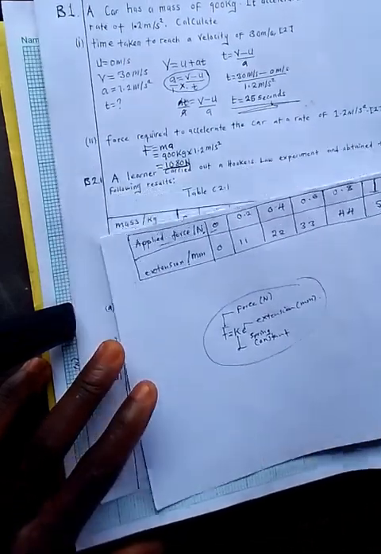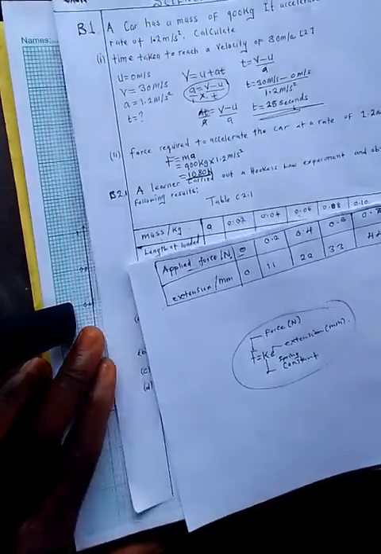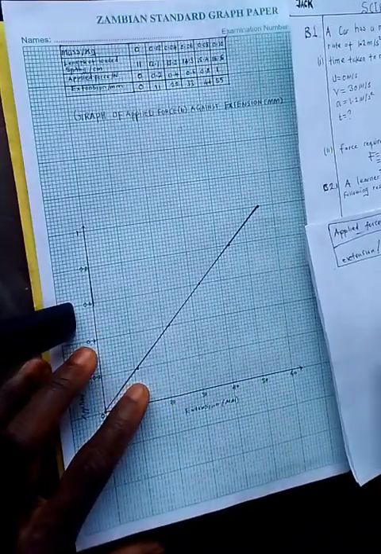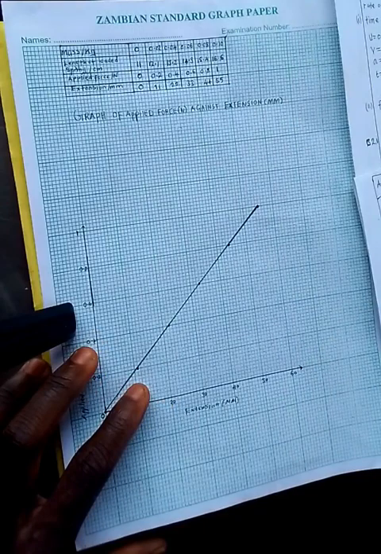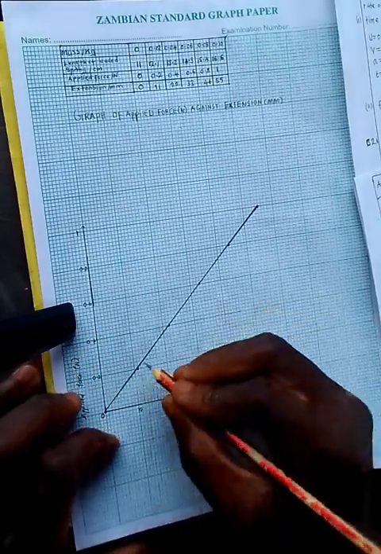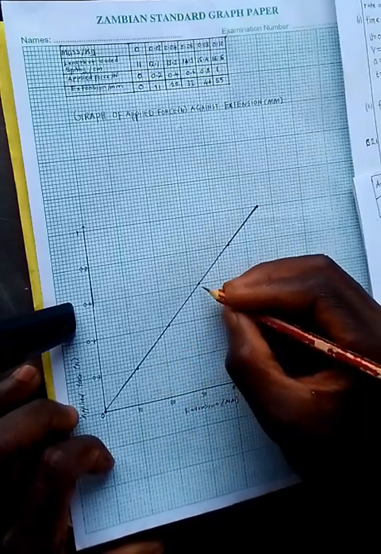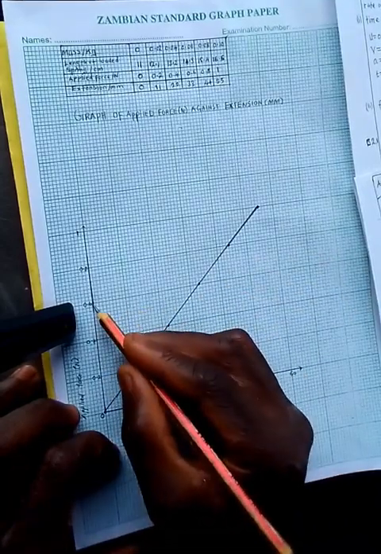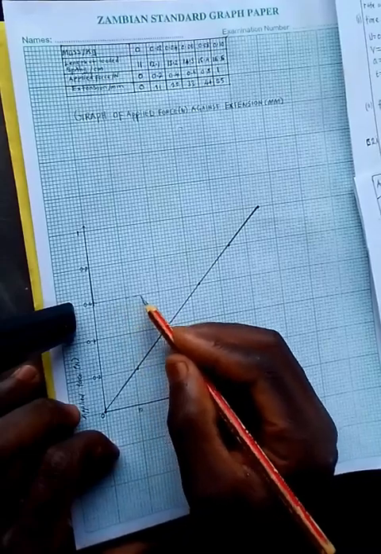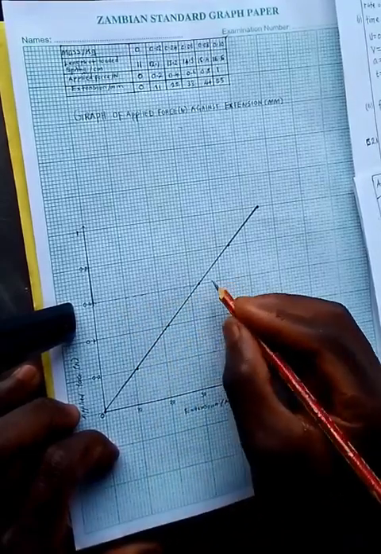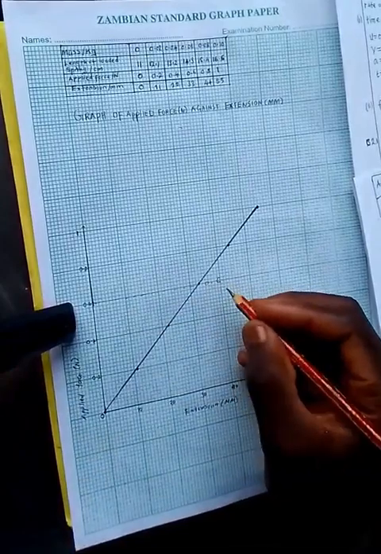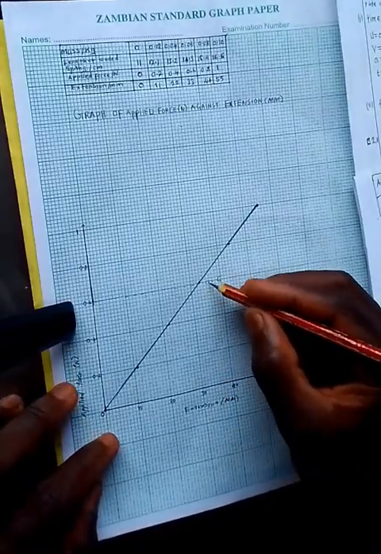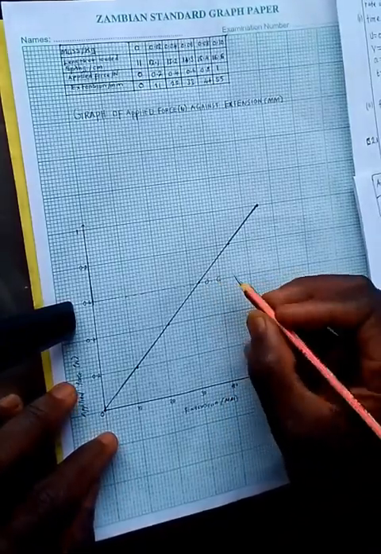So we are going to choose any point on the graph, then we can find the spring constant. If we choose this point here, this one is going to be 0.6, 33.